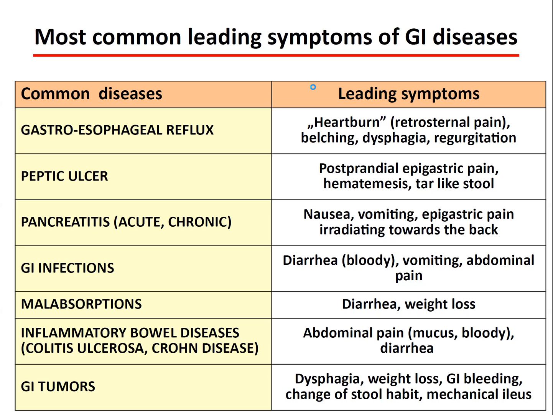Or the peptic ulcer, another one. Today is less and less common. A long time ago, it was a very big problem with the patient because the treatment wasn't so easy. And mostly they operated or removed the stomach for the patient. And this is manifested as a postprandial epigastric pain, or hematemesis, or tar-like or very dark stool.